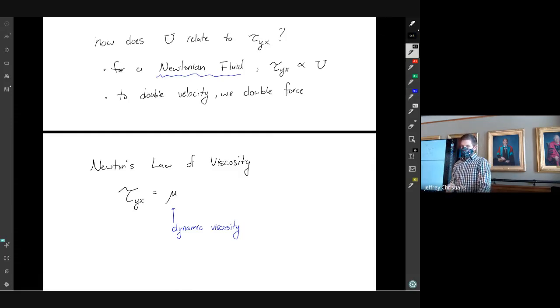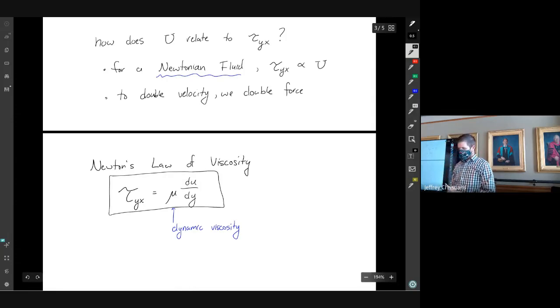Mu times, okay, so it's not exactly times the velocity, but it's times du dy. So where does the du dy come in? That's what we would call the shear rate.